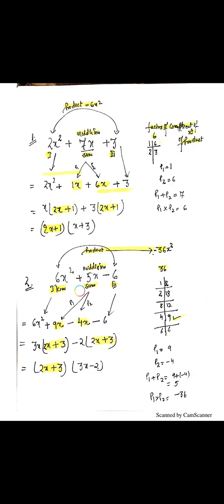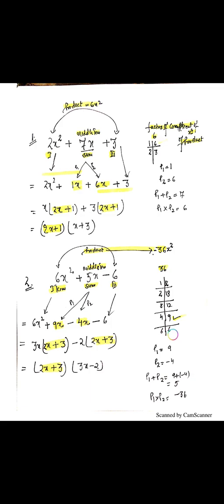The coefficient of x square is minus 36, but you take only 36 to factorize. Here the factors of 36 are 1 and 36, 2 and 18, 3 and 12, 4 and 9, 6 and 6. Let's check which of these factors give us 5 on addition or subtraction.